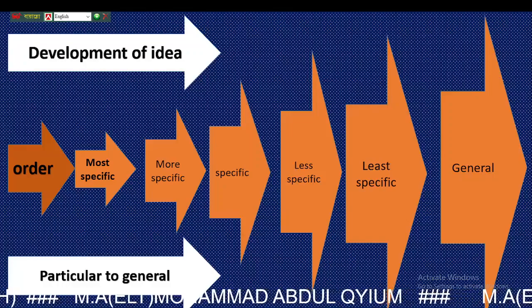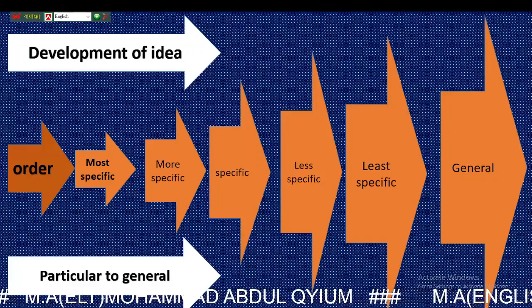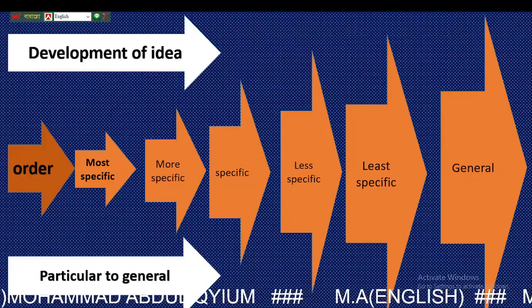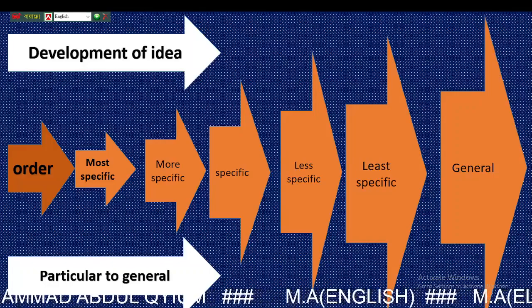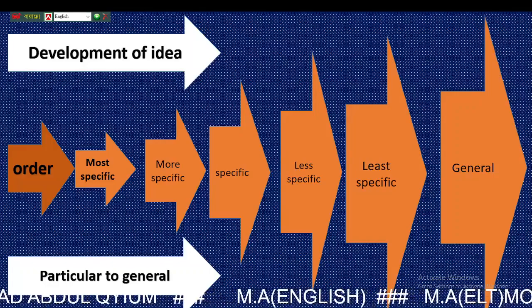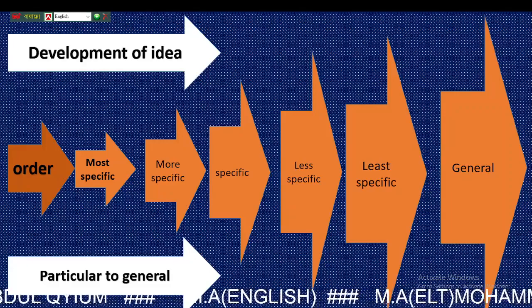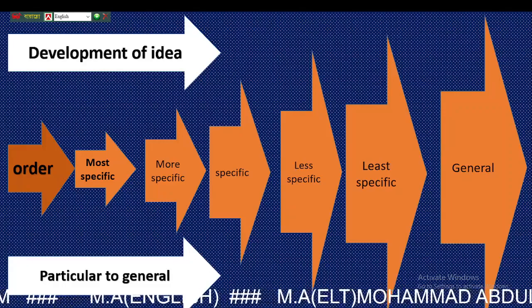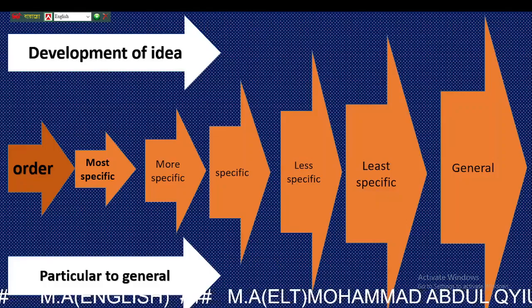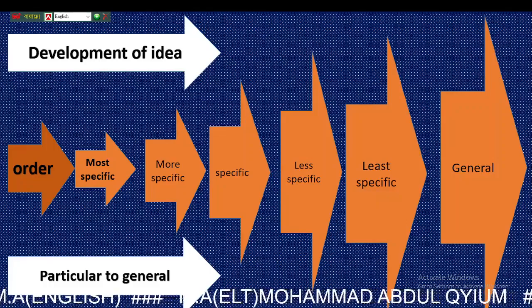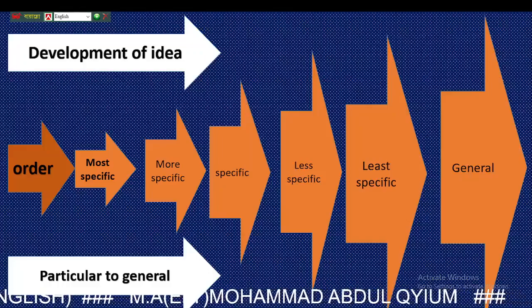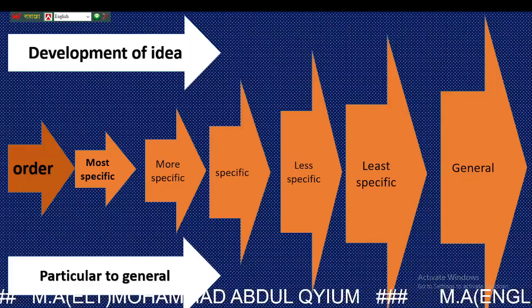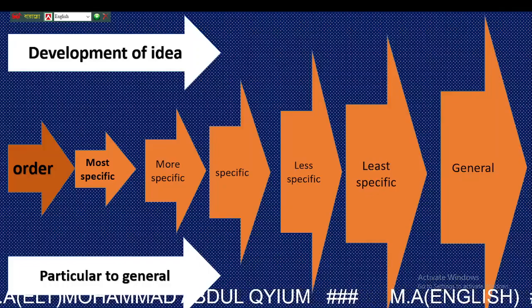Anyway, my focus was that you should follow the first one discussed by me, general to particular, because it's easier compared to particular to general. In general to particular, first of all, you will give a general statement. For example, as I told you earlier, juvenile delinquency refers to antisocial activities.